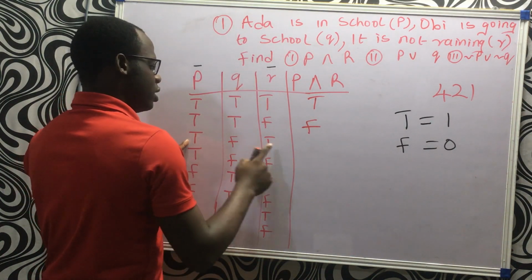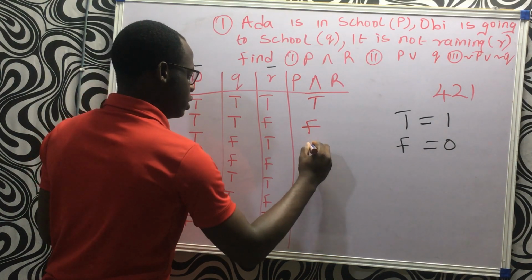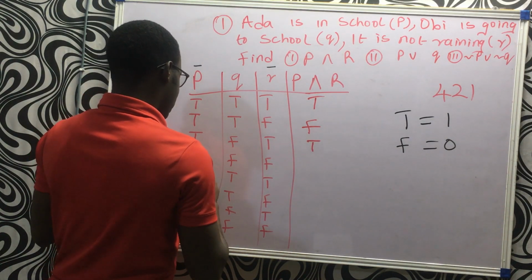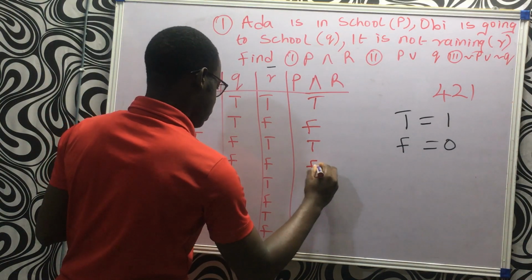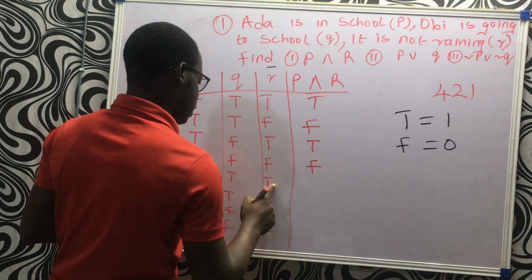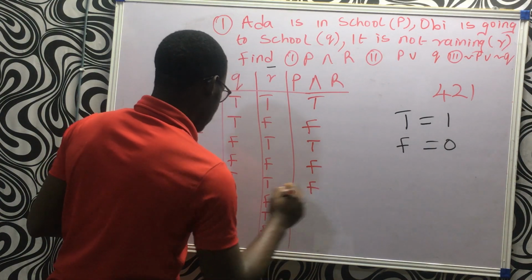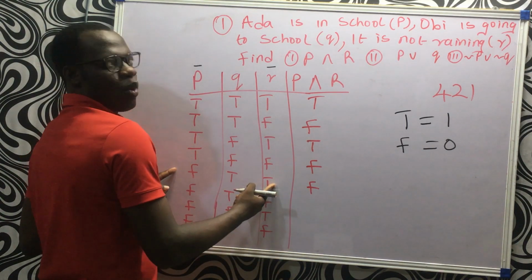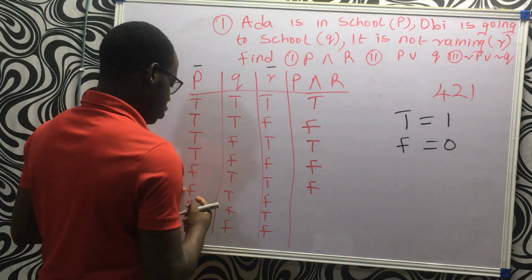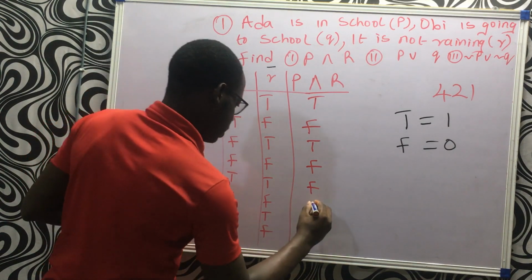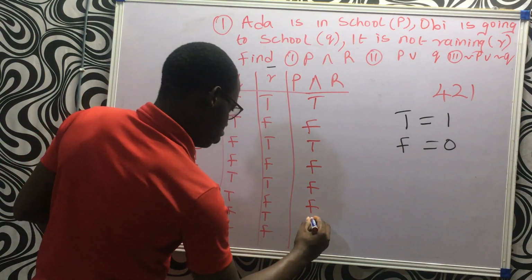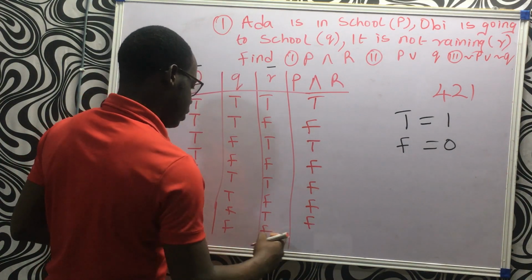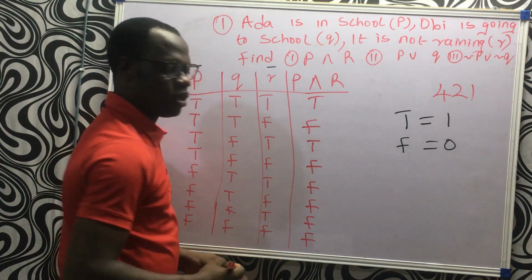T and T becomes T, which is 1 times 1. We have 1 and 0, so it becomes false. False and T, which is 0 multiplied by 1, becomes 0. We have false and false, which is false. False and T is false, and false and false is false.